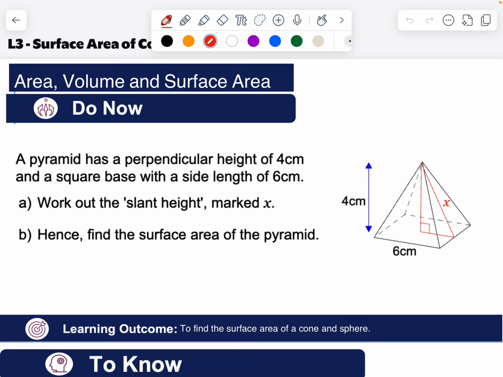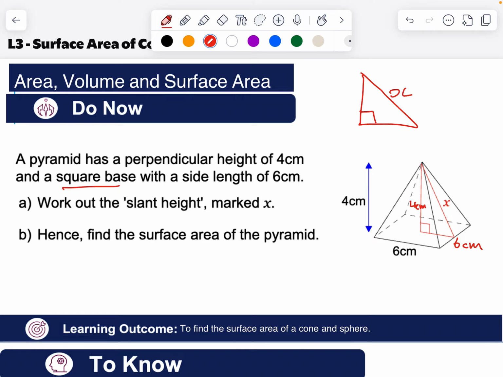We can see that the pyramid has a perpendicular height of 4. Then it says we have a square as the base, so we know all the sides are going to be 6. The first thing it wants us to do is work out the slanted height, which they've marked x. They've drawn the right angle triangle for you.